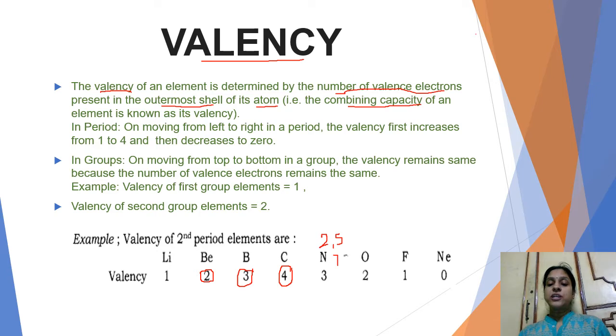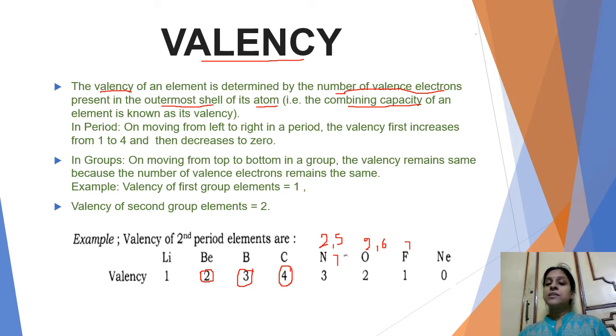In the case of oxygen, the configuration will be 2 and 6. So 8 minus 6 is 2. So valency will be considered as 2. Similarly, in the outermost shell in the fluorine case it is 7.